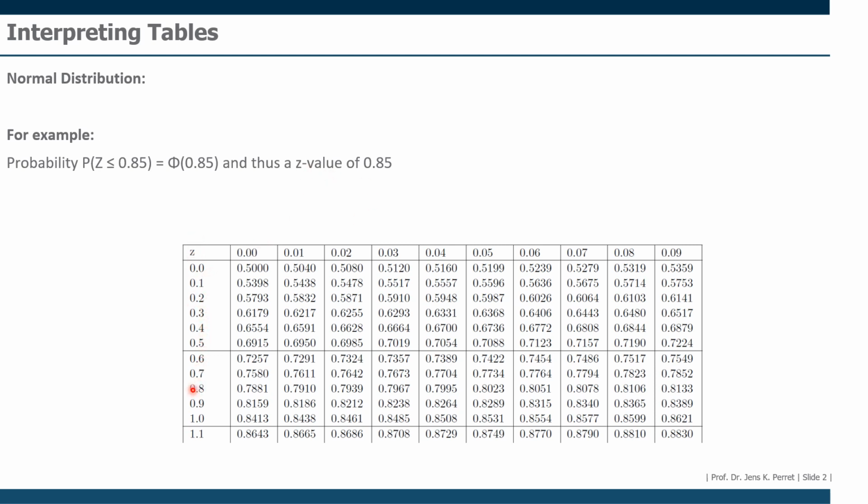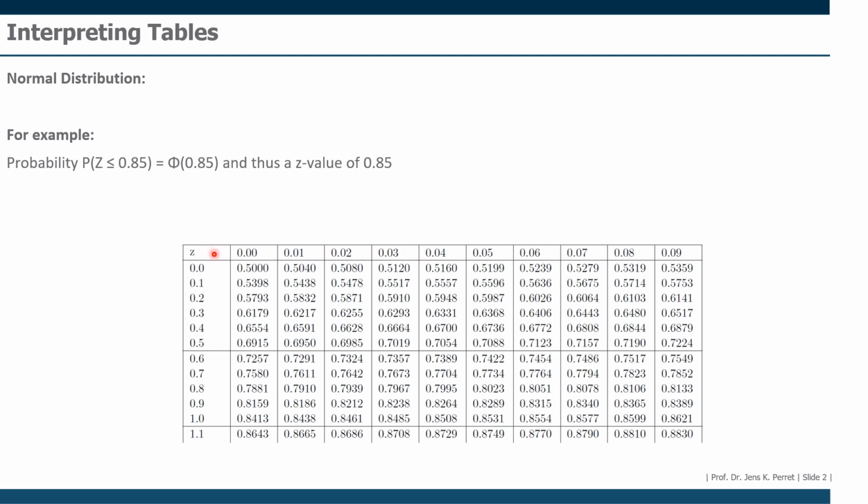0.8, that's actually here. That's the middle one in the second larger part. So that's the row we're going to need. And then we're going to look up the second part of this, which is the second decimal. Here it's 5, or 0.05. That's what we look up in the corresponding columns.